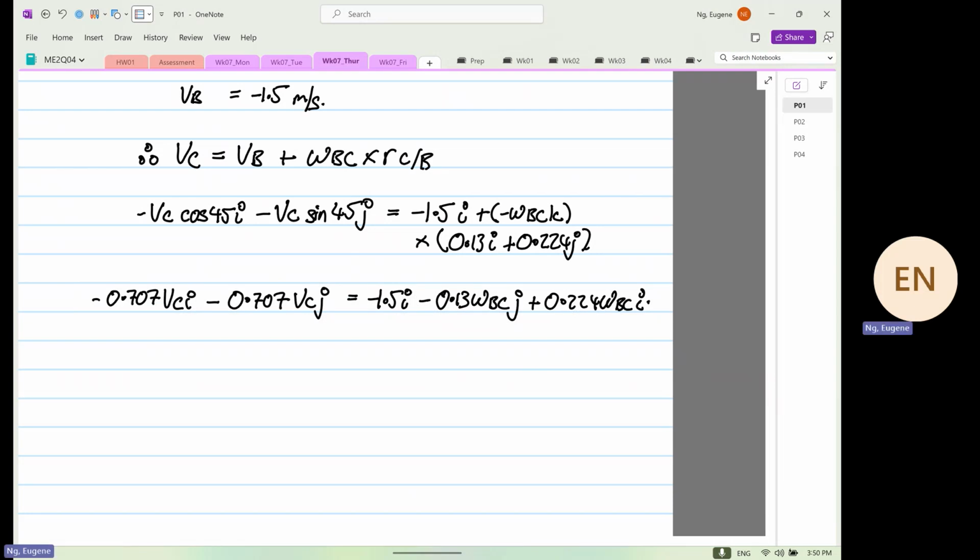Let me check. K cross I is positive because of the minus down here. Yes. K cross J is negative, negative will be positive.